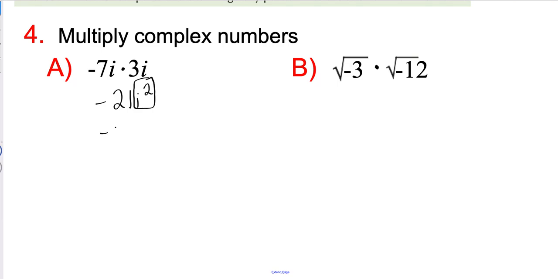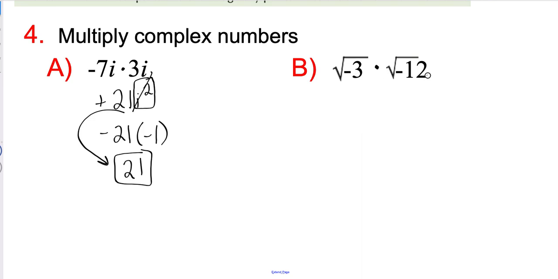So what this is now is negative 21 times a negative 1, which flips to a positive 21, okay? So the way I like to do this, whenever I see an i squared like this one right here, I'll slash that, change my sign, and I'm done. So I got that positive 21, okay? That's the easiest way. If you remember i squared is negative 1, just get rid of the i squared, flip all the signs, and you are done, all right?